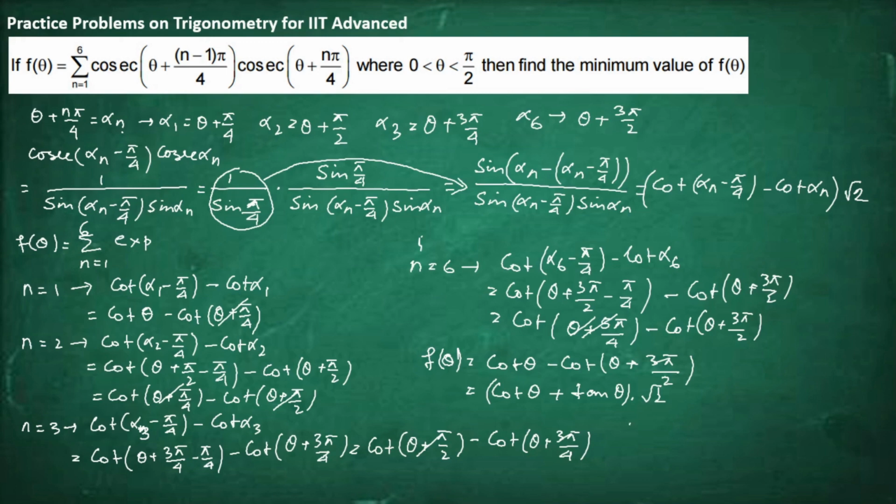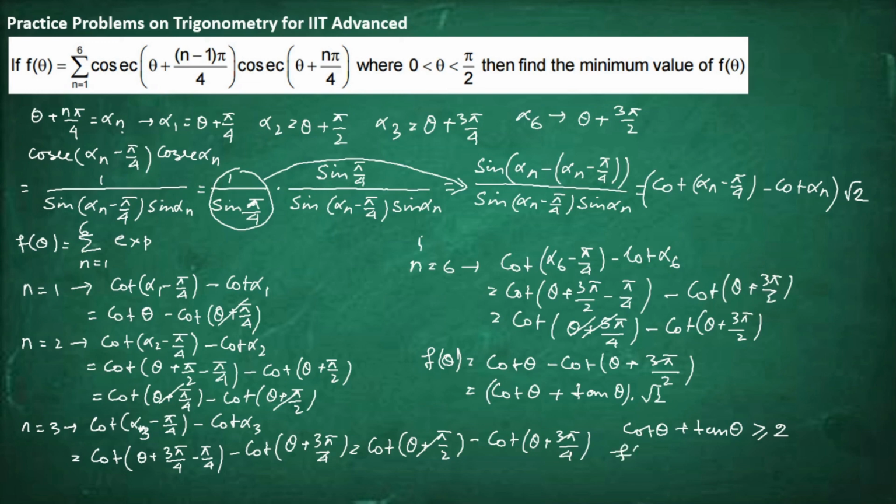Now observe carefully, your cot theta plus tan theta, applying arithmetic mean is greater than equals to geometric mean. Since theta lies between 0 and pi by 2, that is there in the first quadrant, so cot theta as well as tan theta both are positive. Therefore, tan theta plus cot theta is greater than equals to 2, by applying AM greater than equals to GM.